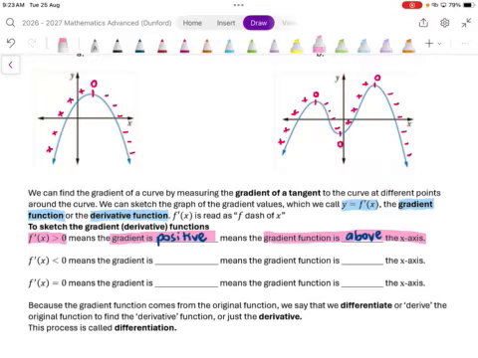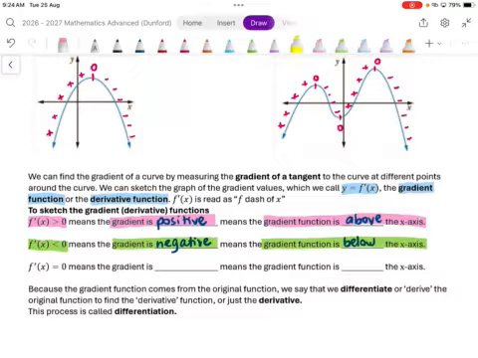If f dash x is less than 0, our gradient is negative, and that means the gradient function is below our x-axis. And if f dash x equals 0, our gradient equals 0, and it means the gradient function is on the x-axis.